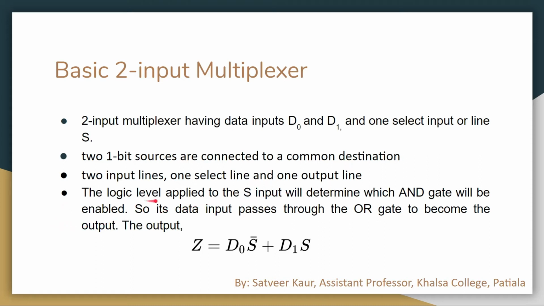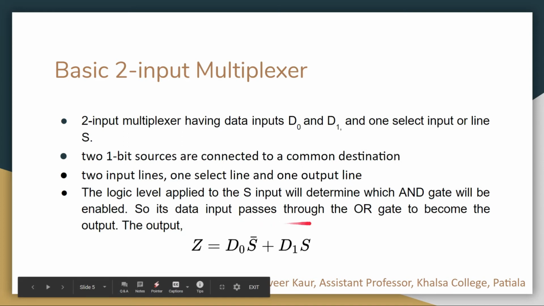The logic level applied to the S input will determine which AND gate will be enabled, so its data input passes through the OR gate to become the final output. And the output is Z = D0 S' + D1 S.